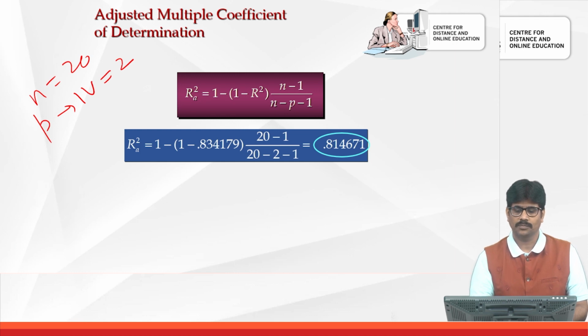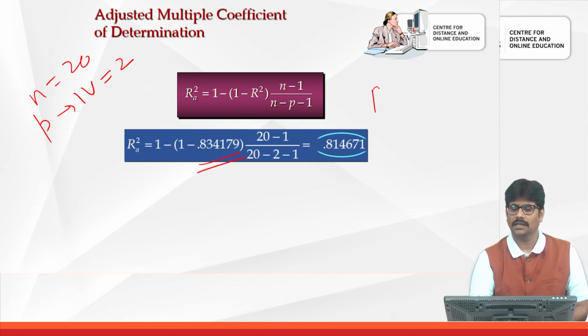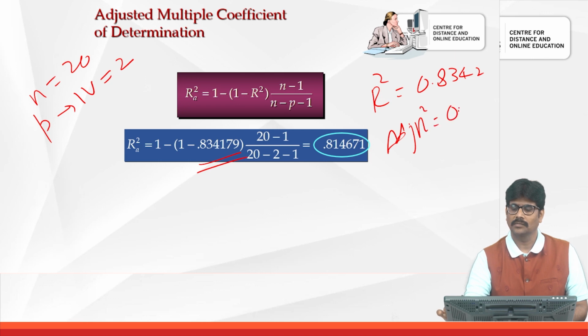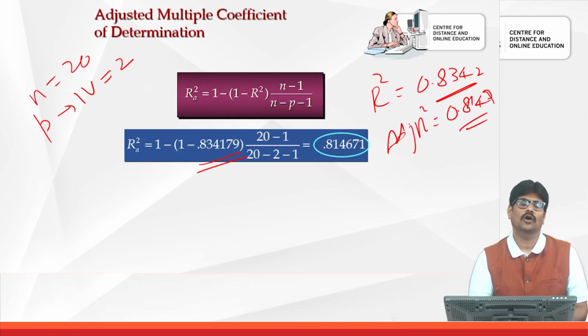Substituting the respective values you get 81.46, whereas R square in this case is 0.8342 and adjusted R square is 0.8147, right. Of course, there is a nearly 2% decrease in R squared. That essentially gives a correct picture about how much of the variation in the dependent variable is being explained by the independent variables.